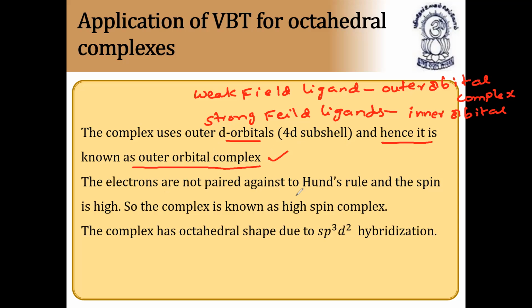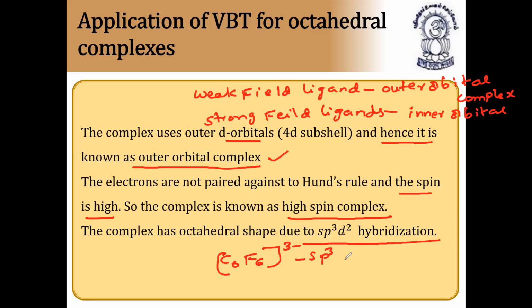The electrons are not paired against Hund's rule and the spin is high, so it is a high spin complex. So weak field ligand, outer orbital complex, high spin. Strong field ligands, inner orbital complex, low spin. Please note down, the complex has octahedral shape due to sp3d2 hybridization. So CoF6 3- is undergoing sp3d2 hybridization, and the shape is octahedral.